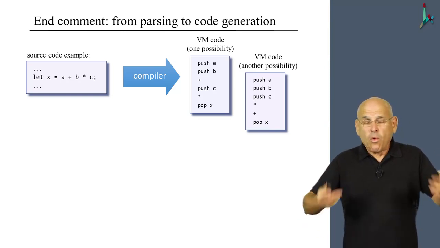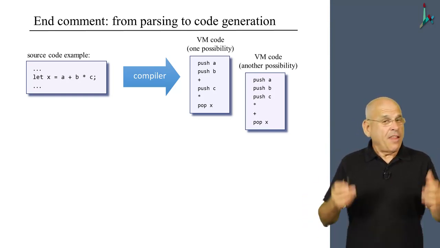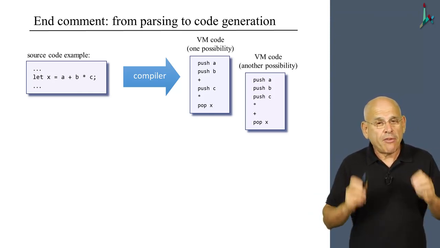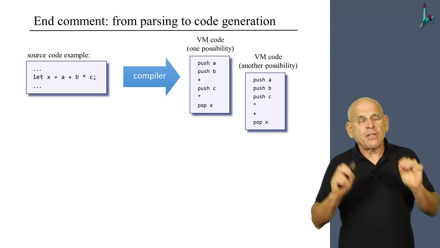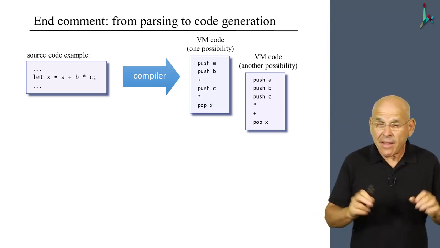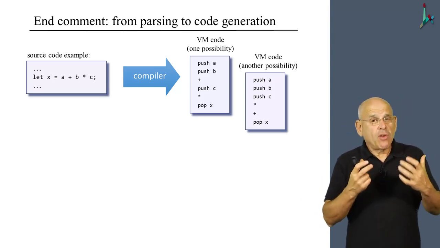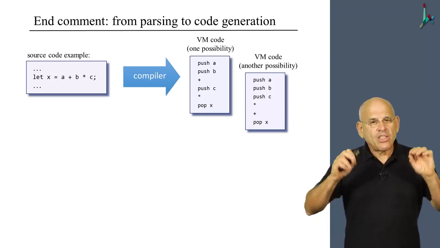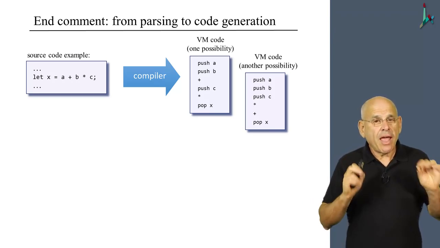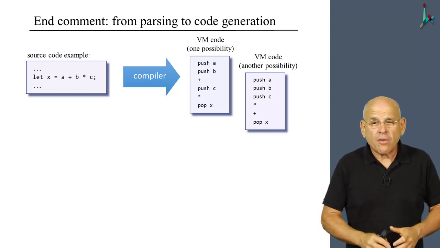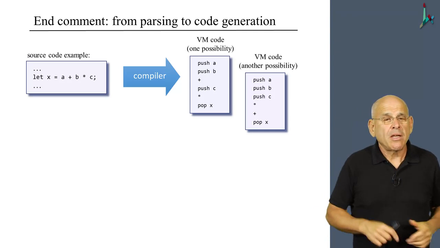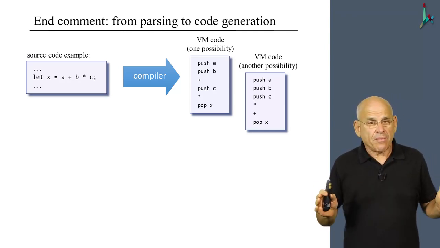So the question is, which version is correct? And the answer, surprisingly enough, is that both versions are perfectly okay compilation-wise. Why is that? Well, this peculiar observation is due to the fact that the Jack language does not have operator priority. Nowhere in the Jack language specification will you find a rule that says that multiplication comes before addition. It's not there.